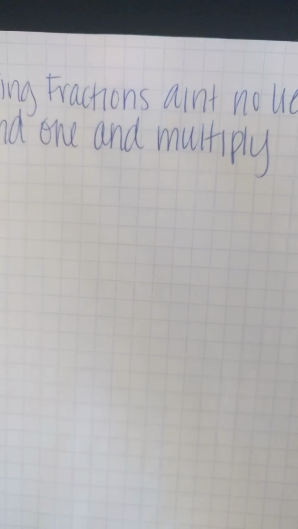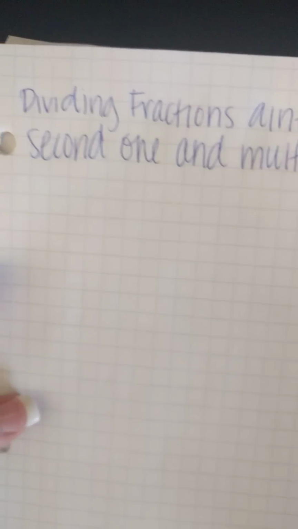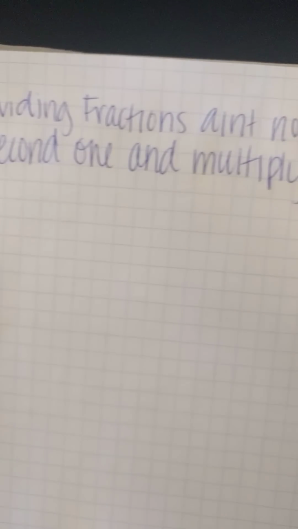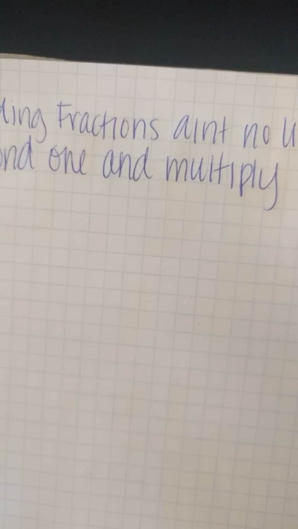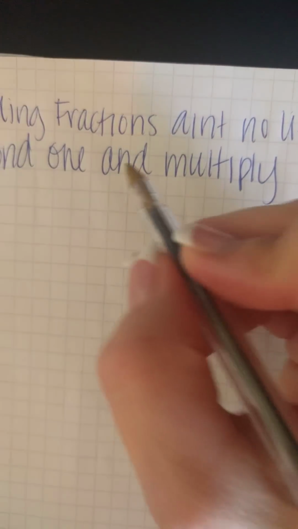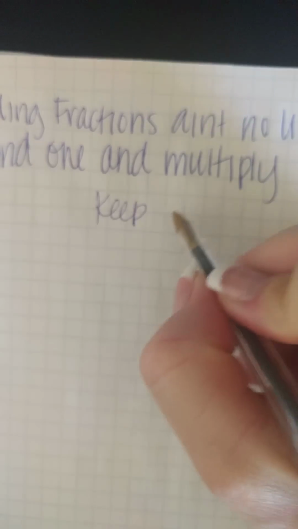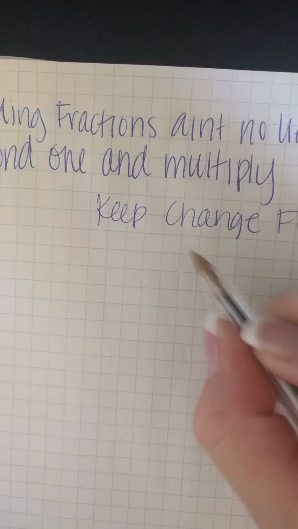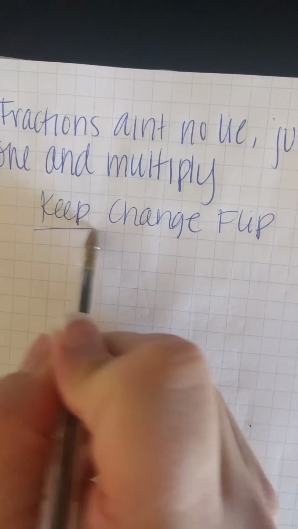It's kind of hard to see. So dividing fractions ain't no lie. Just flip the second one and multiply. Or you may hear us say, keep, change, flip. You're going to watch a vocabulary video where they use this, keep, change, flip.